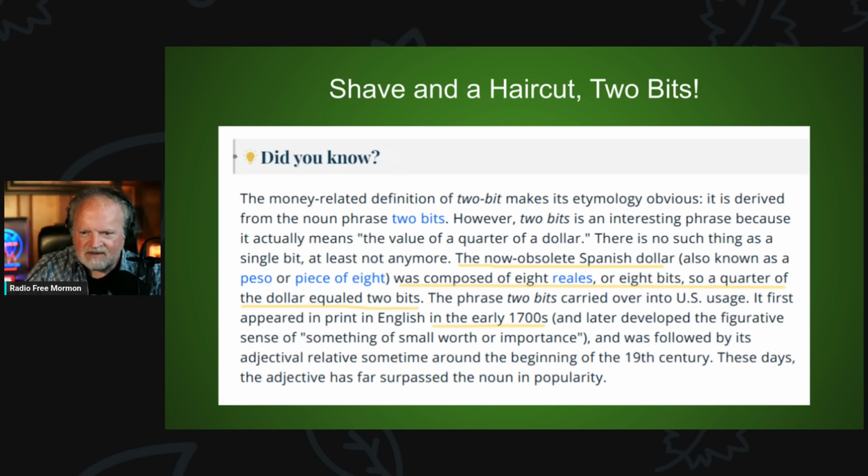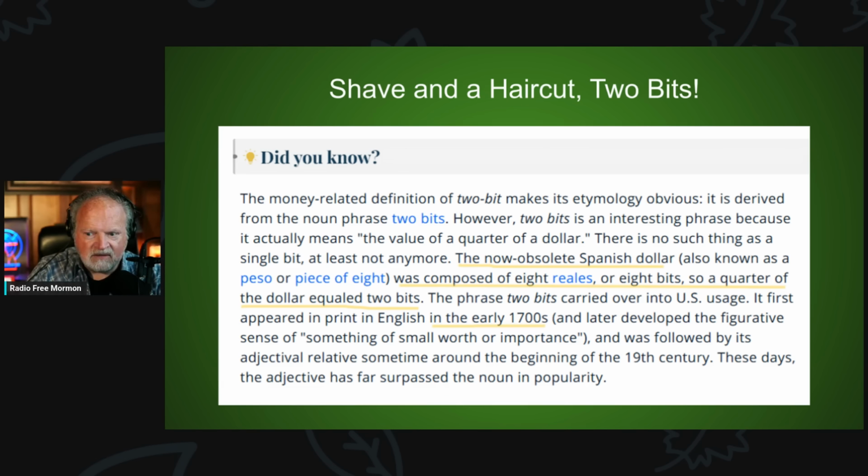Did you know the money-related definition of 2-bit makes its etymology obvious? And I'm not going to read this whole thing, but here's the yellow part that I highlighted in the middle. The now obsolete Spanish dollar, also known as a peso or piece of 8. This used to be the Spanish dollar. It's now obsolete, but was very famous and popular at the time. Was composed of 8 reals, or 8 bits.